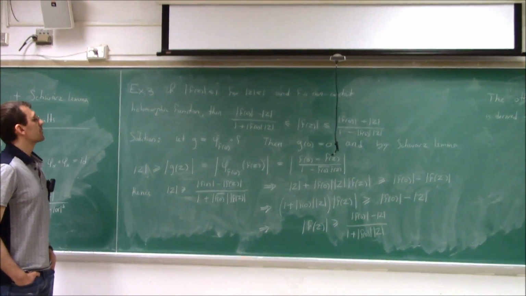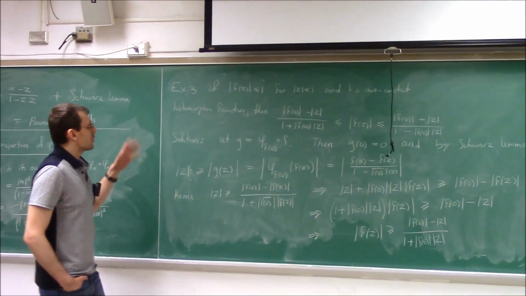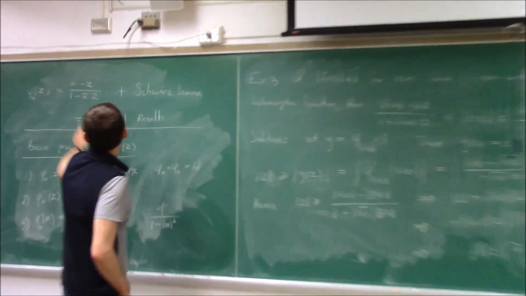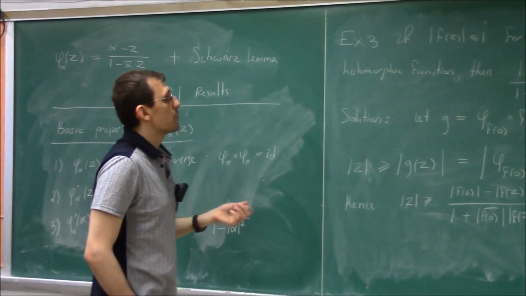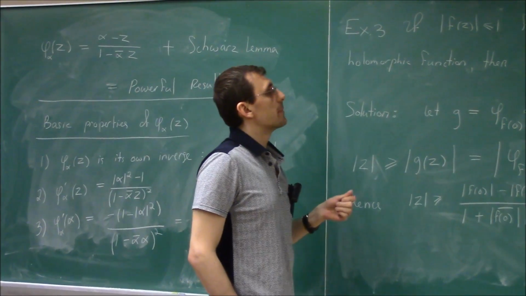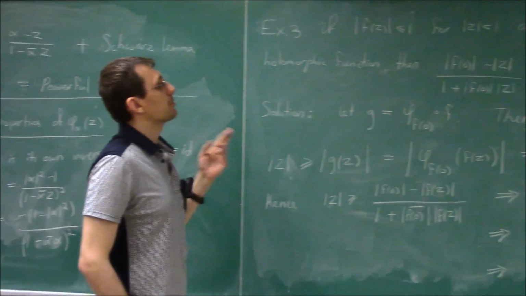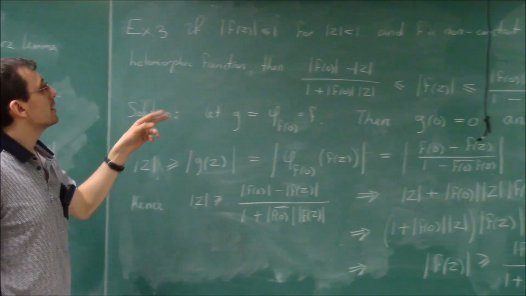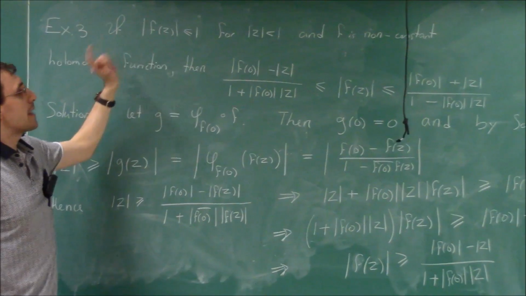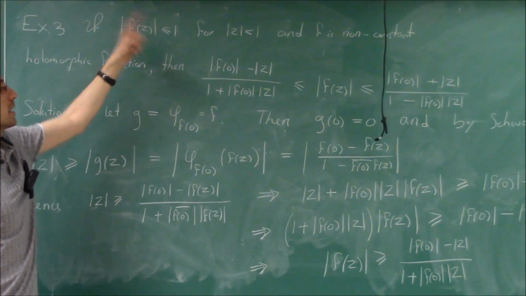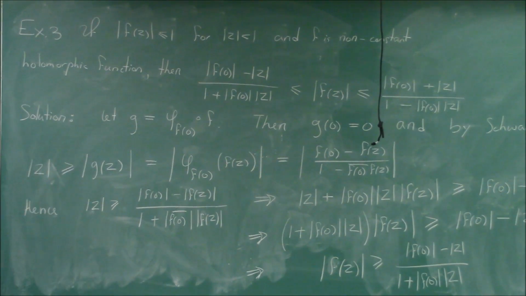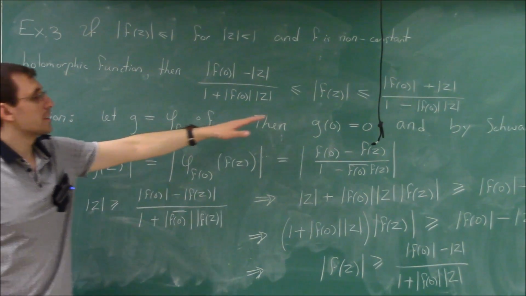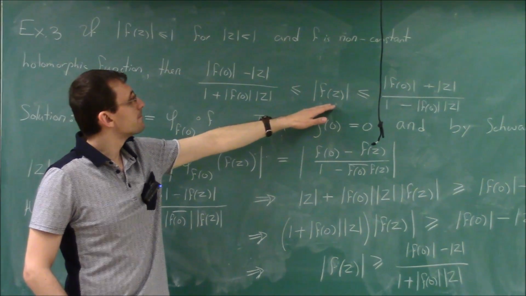So here is one other illustration of the combination of this Mobius map with Schwarz Lemma. Again, suppose that we have a map that is non-constant and is mapping the disk into the disk. That's just another way of saying it. So then this holomorphic map satisfies the following inequality.